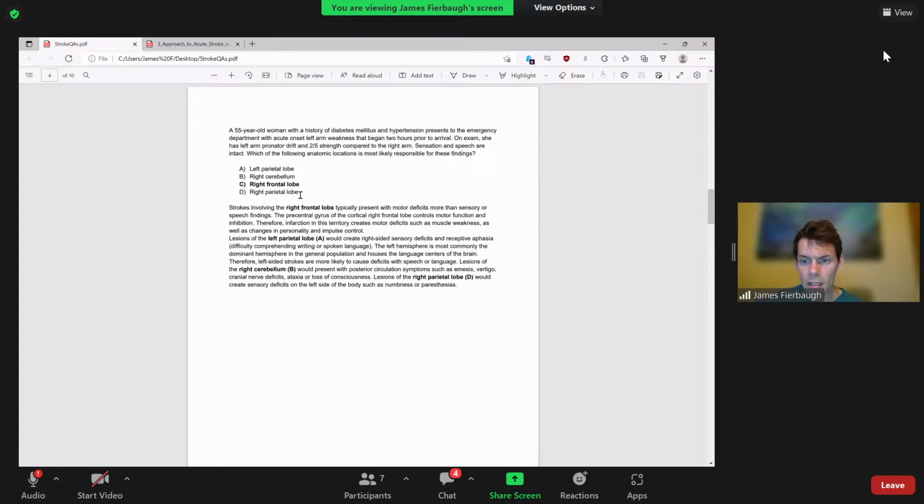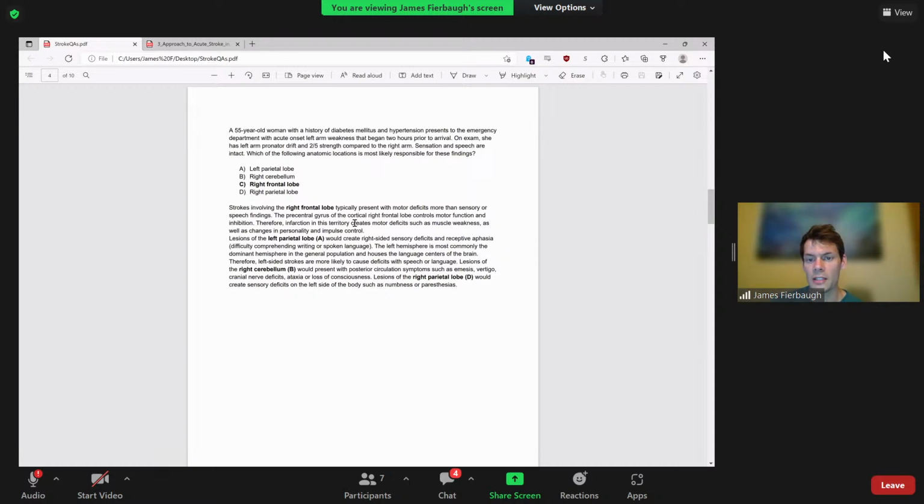In the frontal lobe, the deficits that you see in that area are more likely to be isolated motor, so isolated strength deficits, and very rarely will you see sensory deficits in that area as well.